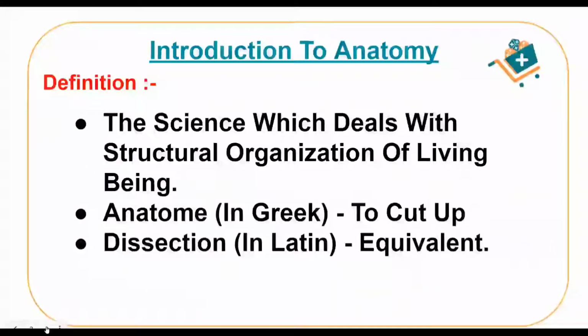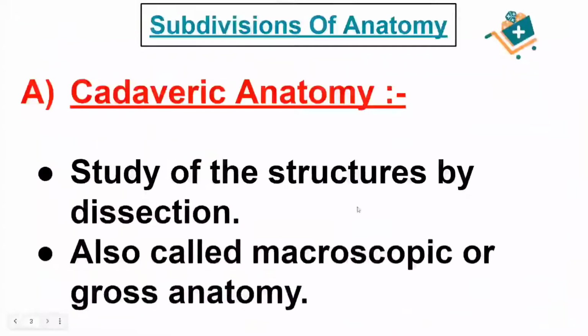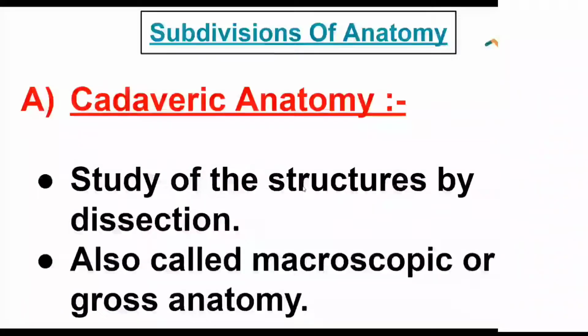Yes, next slide please. Now there are some subdivisions of anatomy. The first one is cadaveric anatomy, the structures which are studied upon dissection. Cadaver, as you all know, is the dead body that is present in the anatomy labs.